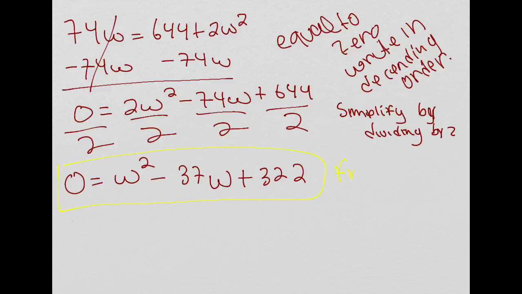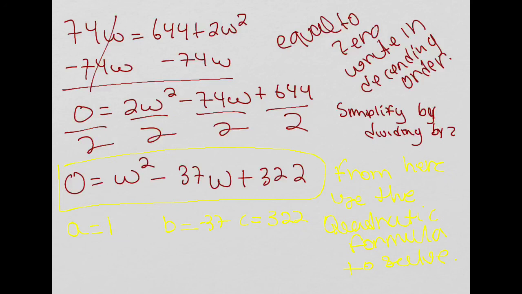So from here, I am going to use the quadratic formula to solve. So I'm going to identify my A, my B, and my C. A is 1, B is negative 37, C is 322.